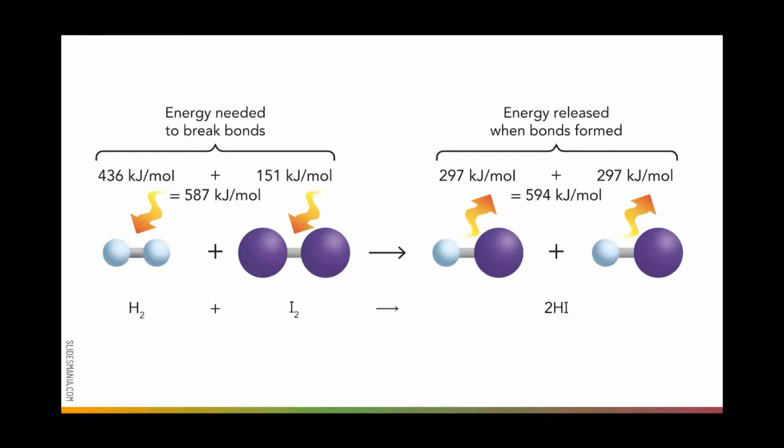The amount of energy released when that bond forms, hydroiodic acid or HI, is that it's going to release 297 kilojoules per mole. And since we have two of them, it's going to do double that. So the total amount of energy that's released when bonds form is 594 kilojoules per mole.